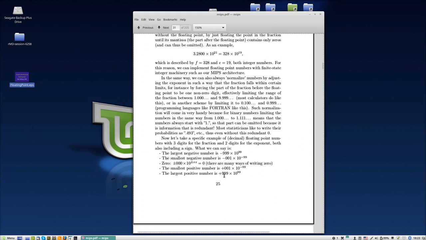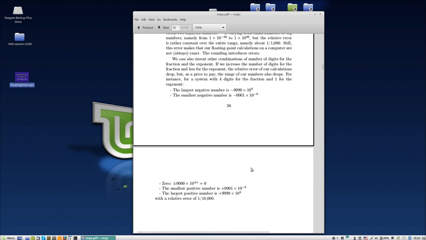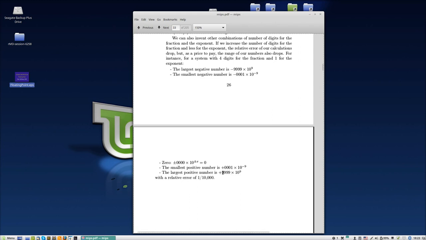The largest positive number was 999 times 10 to the power 99, so that is approximately 10 to the power 102, while in this case it is 10,000 times 10 to the power 9, that is 10 to the power 13. So the largest number is much smaller, and we have a smaller range of computations, but on the other hand, the relative error, again plus or minus 1 in this last digit, our rounding error, is now much smaller, only 1 divided by 10,000.